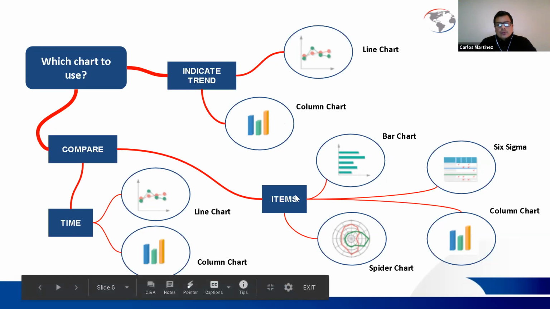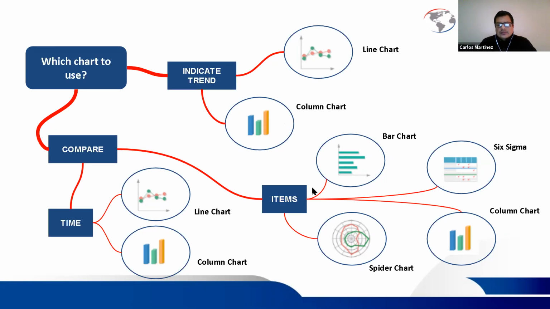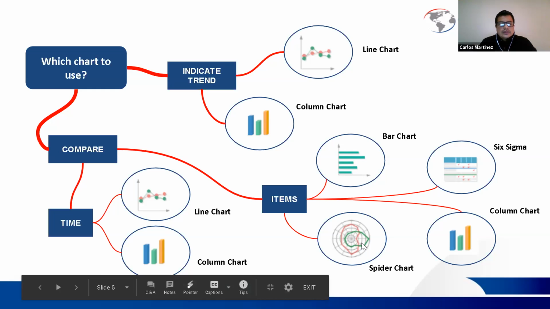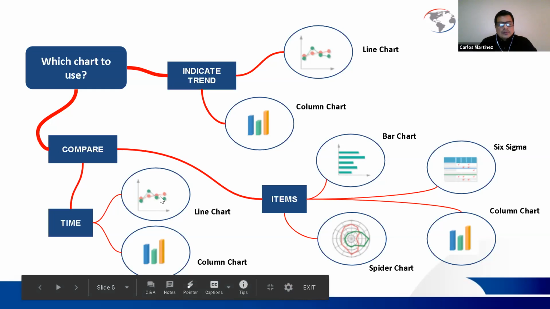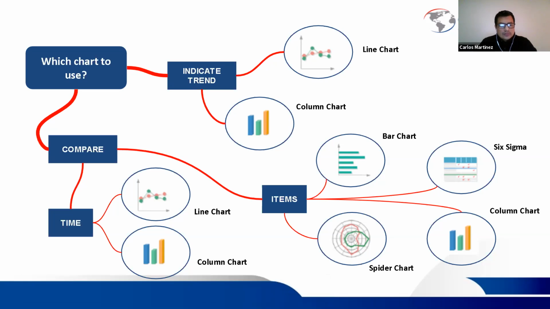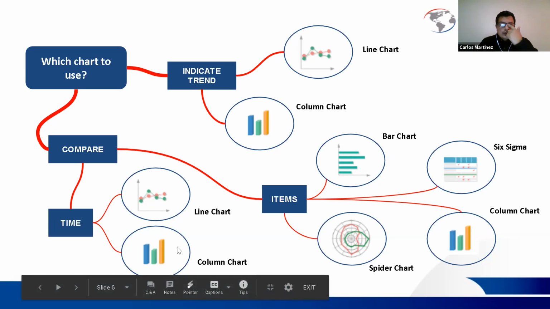So if you only want to talk about quantities or you just want to compare things, then you're going to use bar charts, Six Sigma charts, column charts, and spider charts. And finally, when you want to compare how things move through time, you're going to use line charts and also column charts.